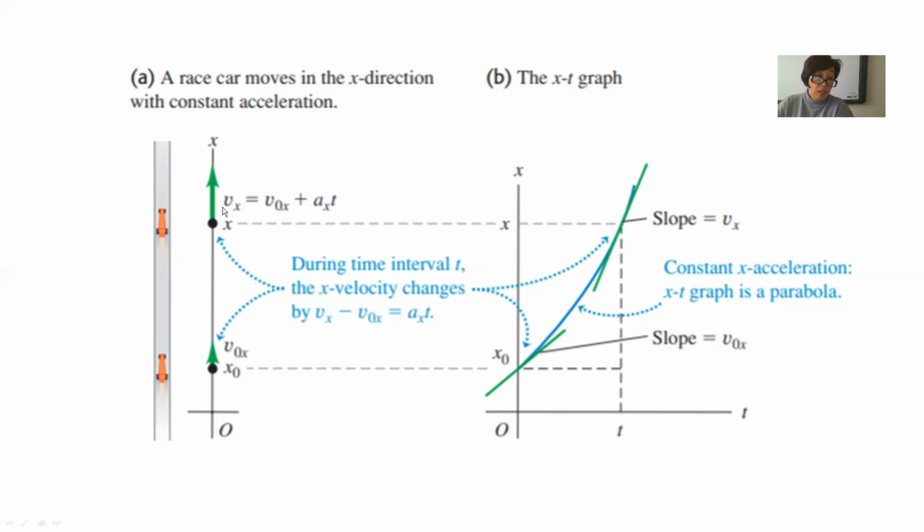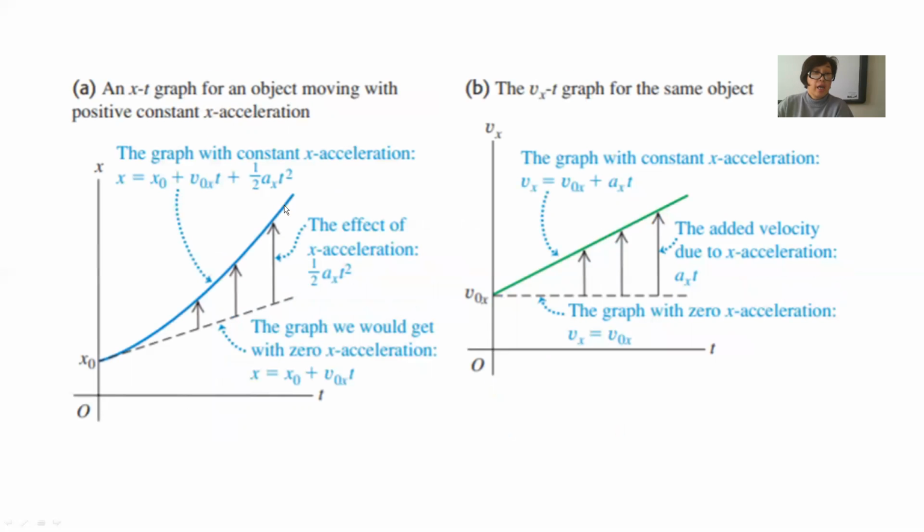This is an equation of motion. Here are two diagrams. The first diagram, part A, is the x versus t graph for an object moving with a positive constant acceleration.